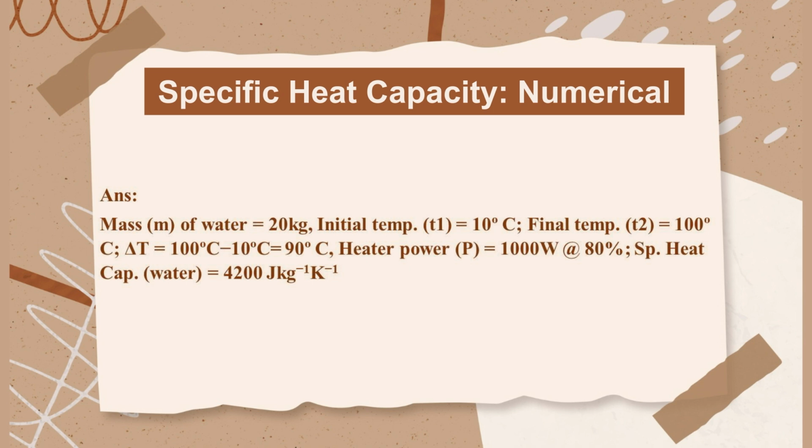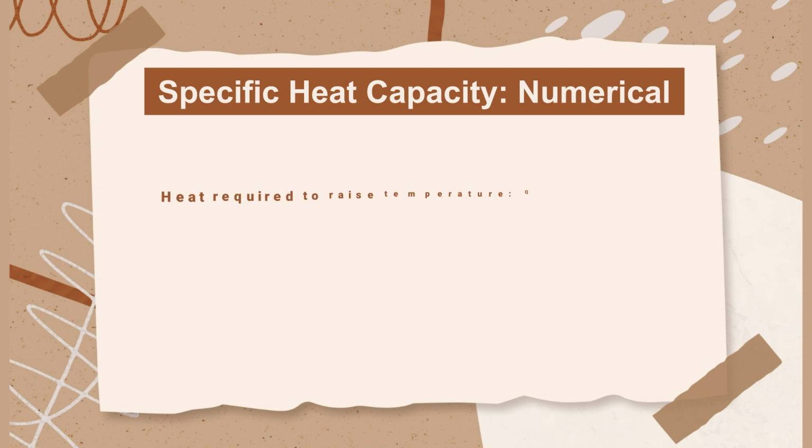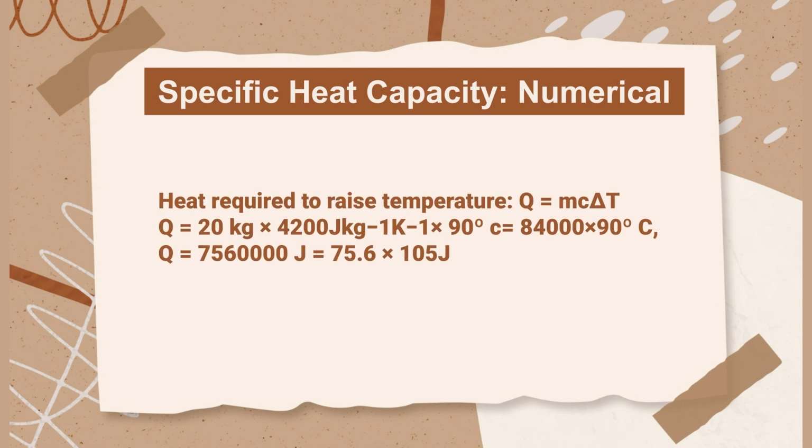Heating is by a 1000 watt rod, which is working at the efficiency of 80%. So only output is 80%. So basically you are getting 800 watt. Okay. So the heat required would be, as I told you, mc into delta T. M is 20 kg, C is equal to 4200 joules per kg per Kelvin, and delta T is 90 degree.